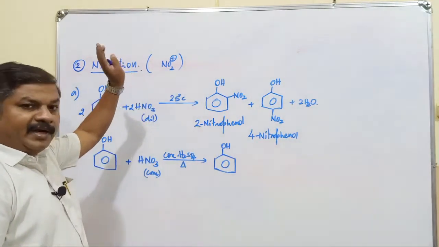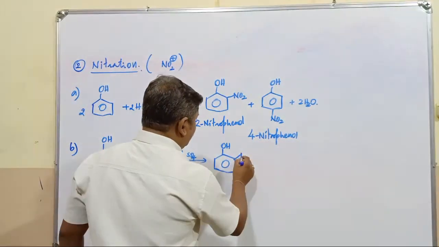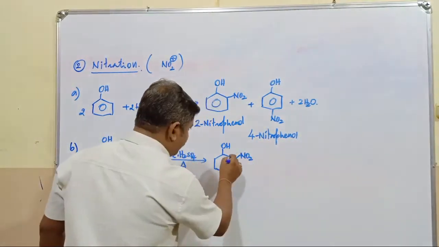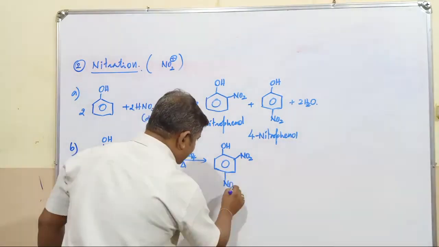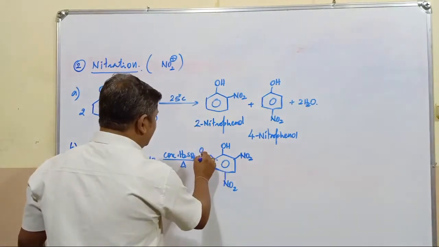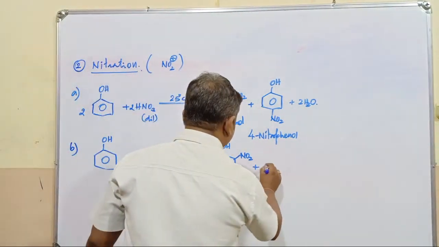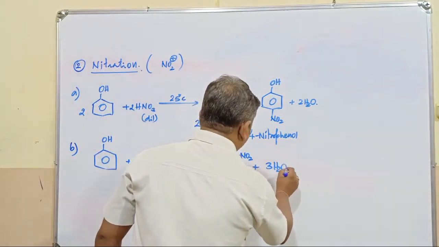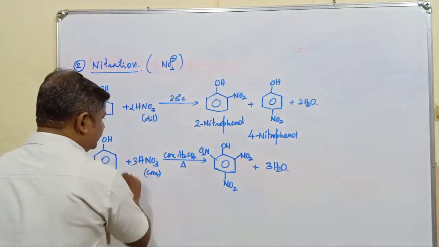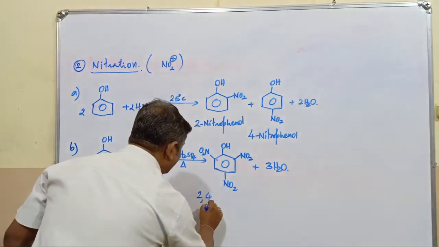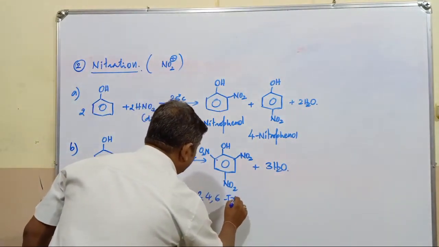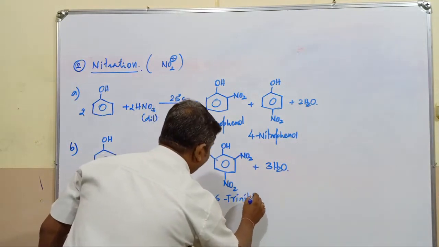Generation of electrophile, that is NO2+ only. That group attacks on the ortho position, it attacks on the para position, and this position also. Plus 3 moles of what? H2O. Now this is 3HNO3. Now this compound is 2,4,6-trinitrophenol.